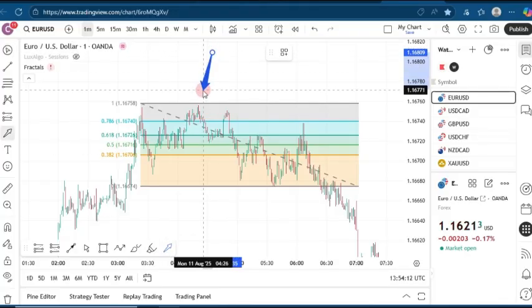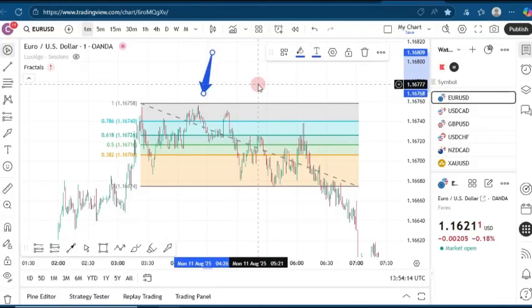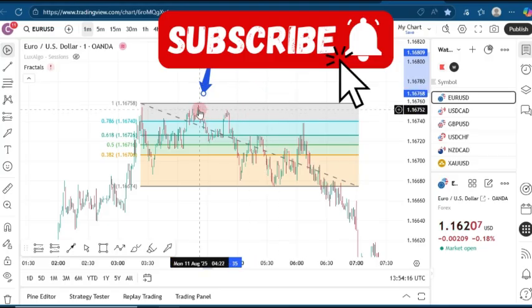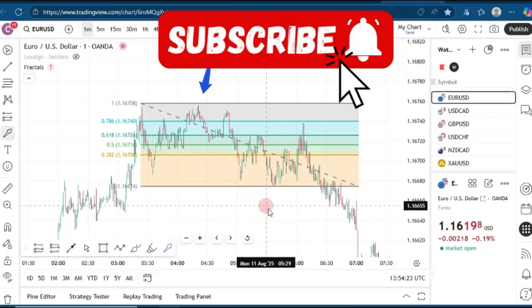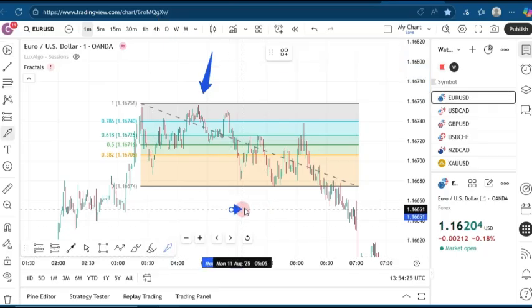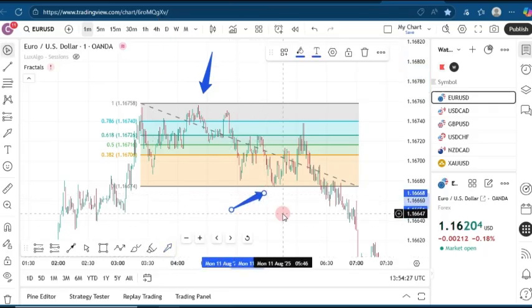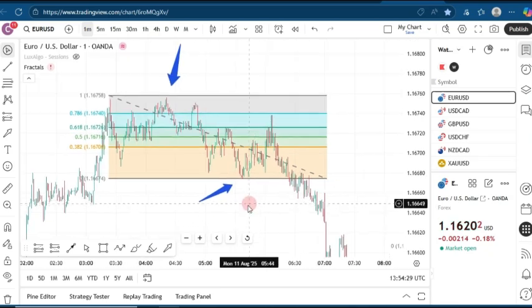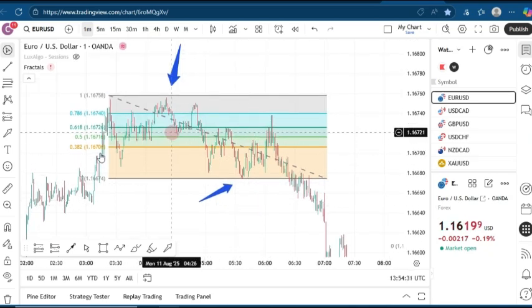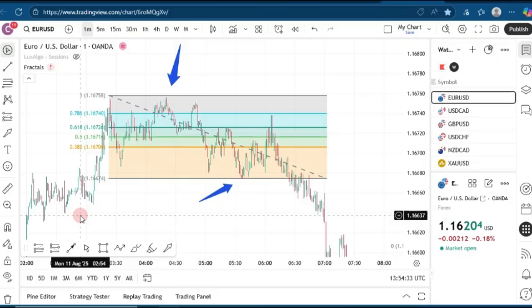This is how you're going to mark your FIB. This is the highest price went, and make sure you also consider the wicks. So make sure you also consider the wicks, and this is the lowest that price ever went down. So make sure that the FIB covers this whole area over there.